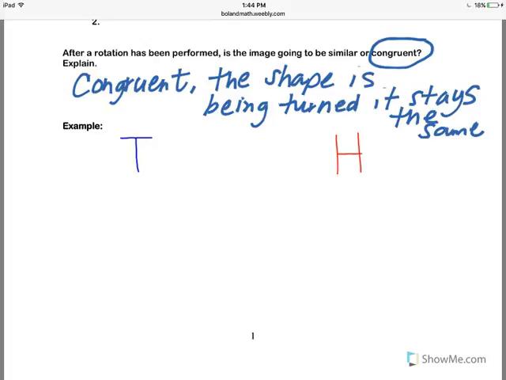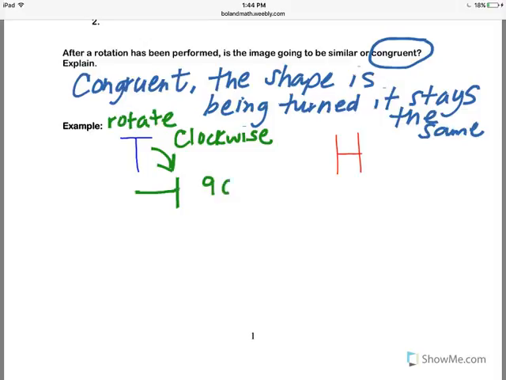If we look at the example with these letters, if we took T and wanted to rotate clockwise, and we rotated this T clockwise by 90 degrees, the T would now be in this position. Okay, and this would be at 90 degrees.